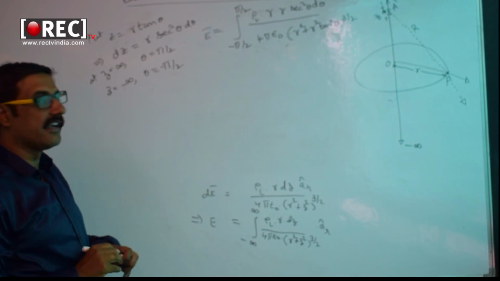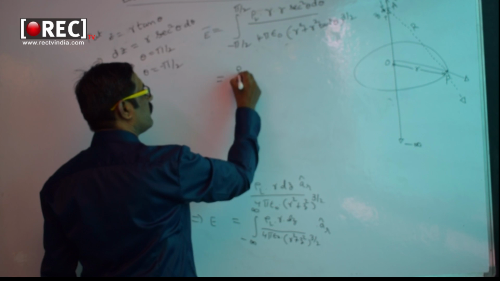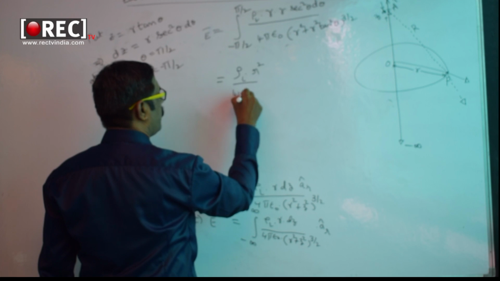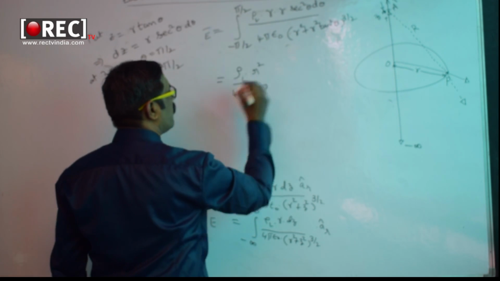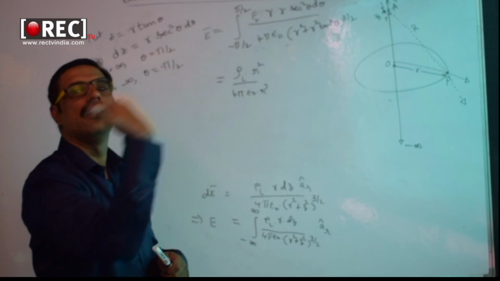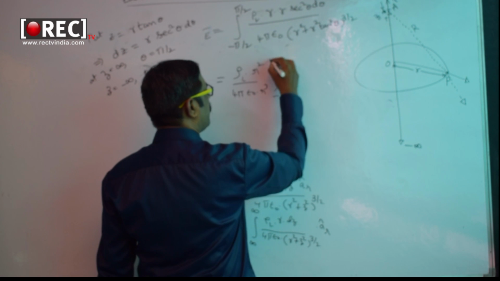Now let us segregate the terms. The constant terms I can take out: rho L into R square by 4 pi epsilon naught into R cube. All the terms which contain theta are inside the integral, from minus pi by 2 to pi by 2.